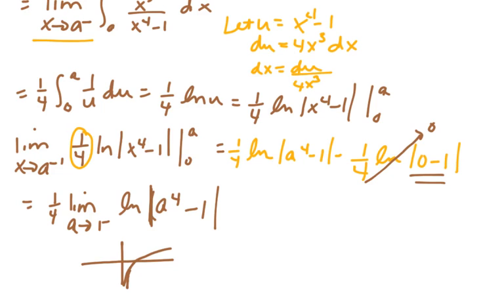This term is going to get extremely close to 0, and that limit is going to go to negative infinity. So this diverges. And that's it.